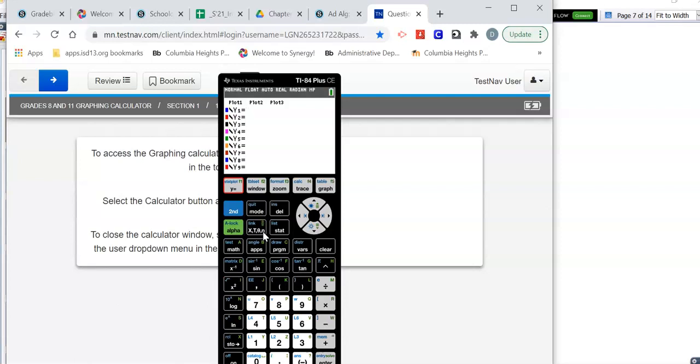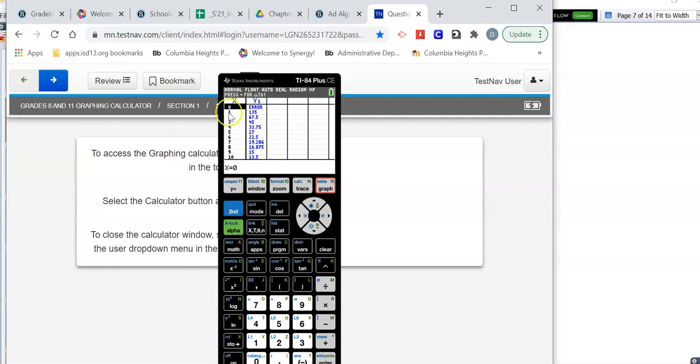So we're going to rewrite this as y equals 135 divided by x. And then instead of just hitting graph, I'm going to hit y equals and table. And then I get a whole table of values. We shouldn't have a value at 0 because we can't divide by 0.